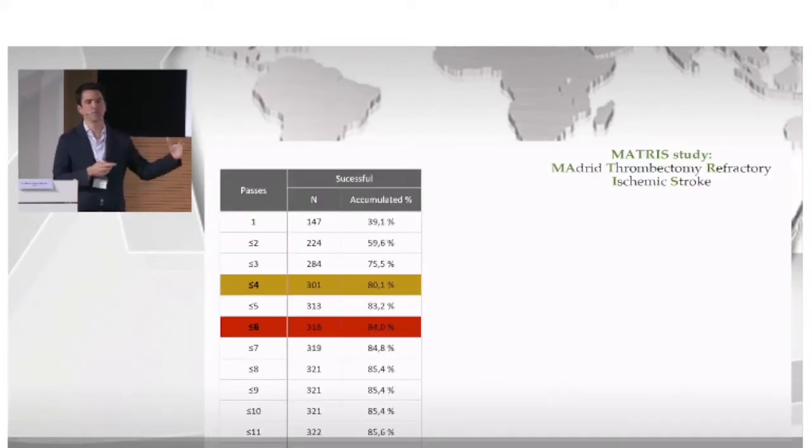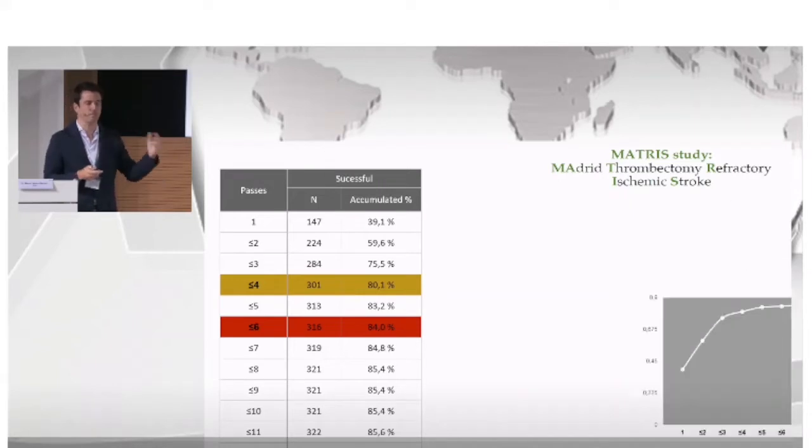This is a study that we performed in Madrid in 3 centers. It's called the Matrix study, and we decided to study the probability of getting a recanalization after each pass. With the first pass, the recanalization was close to 40%, then it grows to 60% with the second pass. So this is the accumulated probability.